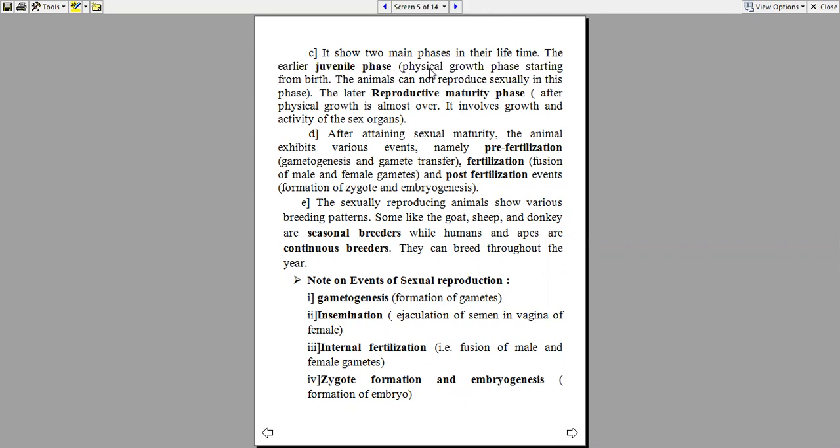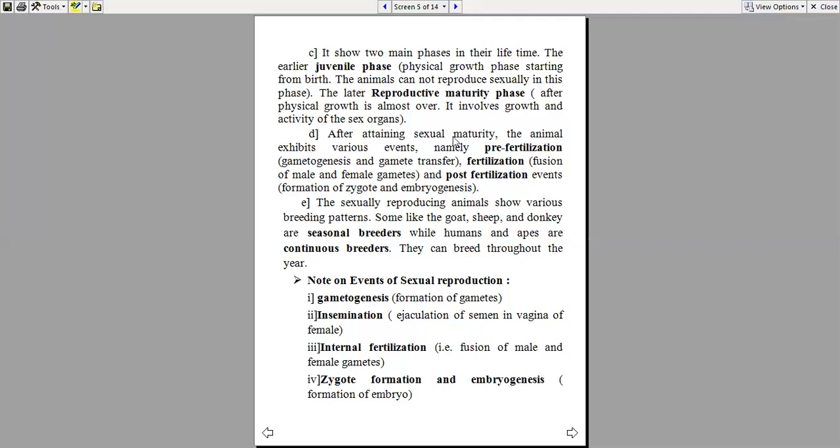This is the phase after physical growth, the phase of maturity or puberty where the animal can reproduce sexually. It involves growth and activity of the sex organs. The sex organs of the animal start maturing in this phase.